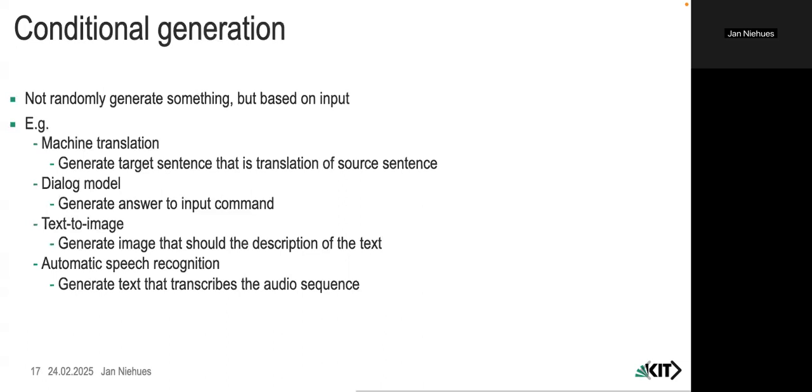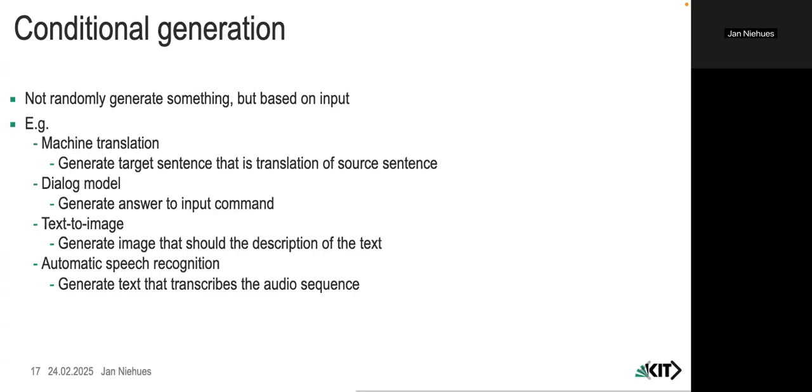It can be a dialogue model: you give the user's request, or maybe the whole history, and it should generate the answer. There is also image captioning, where you give it an image and it should generate a description. So it does not need to be the same modality. The input can be an image, which is maybe 2D, and you want to generate text.